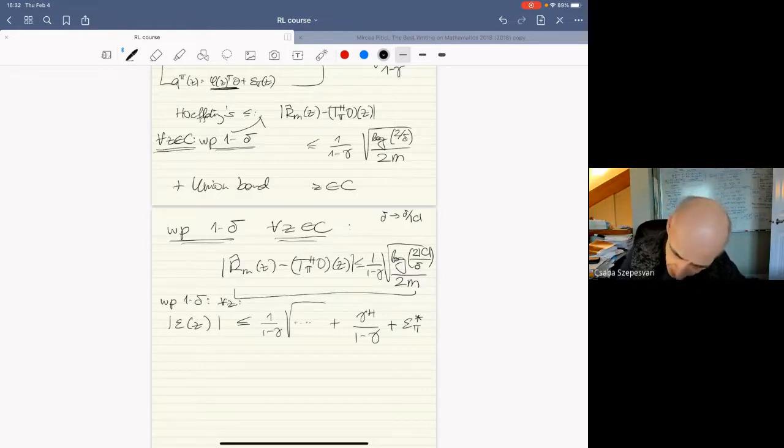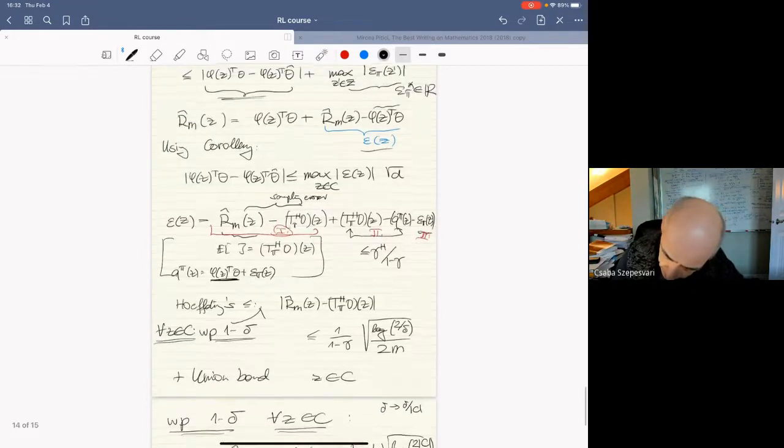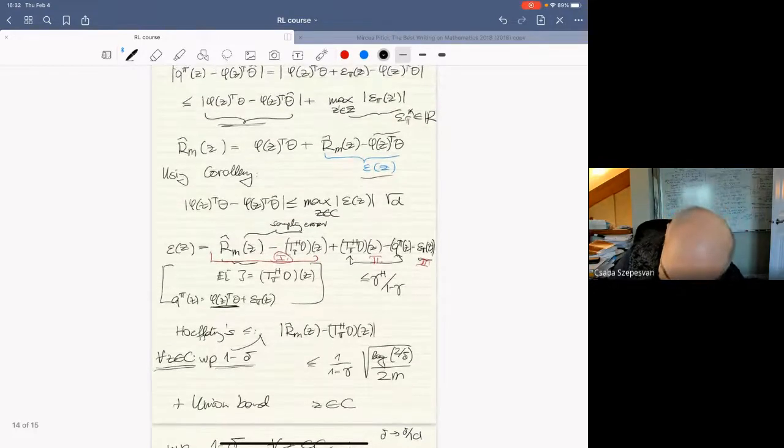So this holds for every z. Therefore, this maximum can be upper bounded by this value.